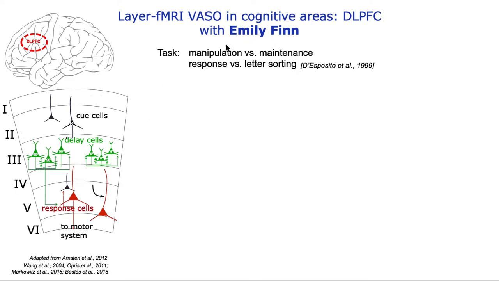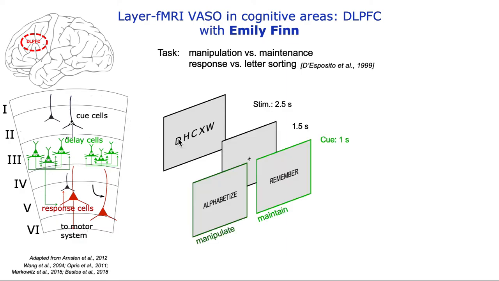And Emily Finn here, my collaborator, she found an old task to engage these different cells differently. For example, by showing participants these strings of letters and then cueing them to either memorize the letters in the order they saw them or sort these letters according to an alphabetical order in their mind, which is then believed to engage mostly the superficial layers.